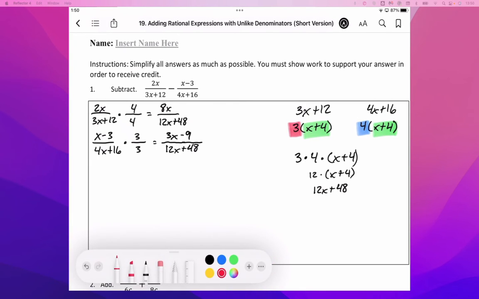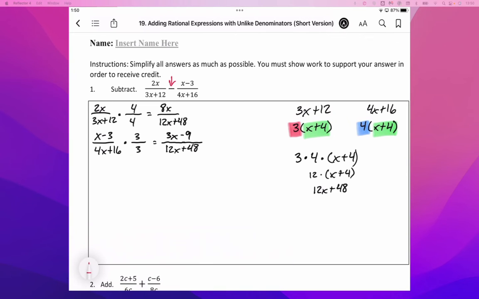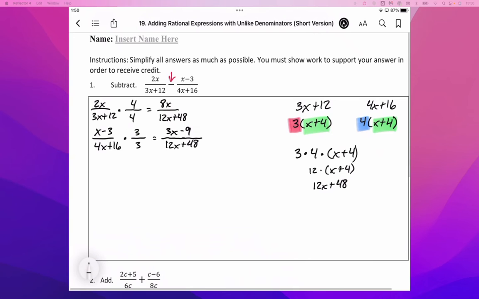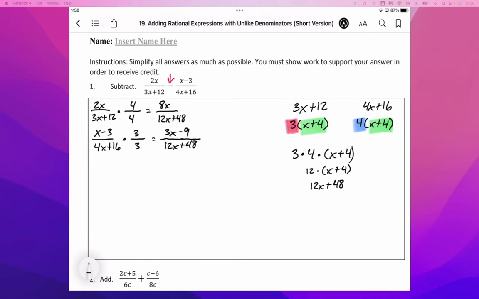Now it's important for us to notice that this is a subtraction problem. So when we put our two fractions back together here, we do need to remember to write it as a subtraction problem. So we'll have 8x over 12x plus 48 minus 3x minus 9 over 12x plus 48.